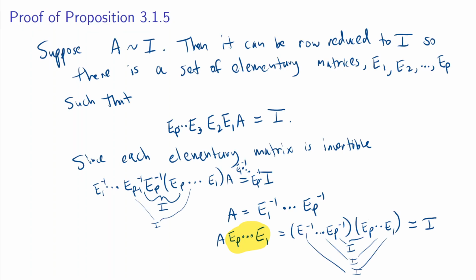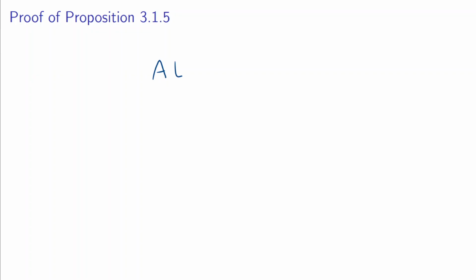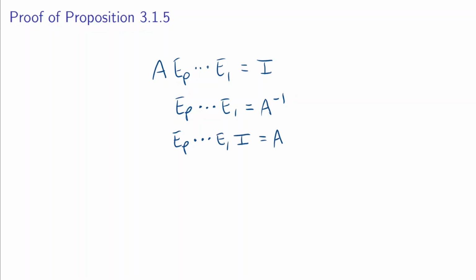So let's go to another fresh page here. Just to reiterate, we had A times this product, EP down to E1, equals the identity. So that means by definition that this product, EP down to E1, is equal to A inverse. But EP down to E1 can be thought of as EP multiplied down to E1 times the identity.